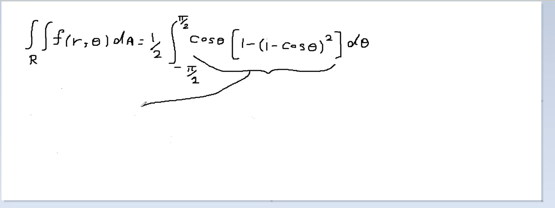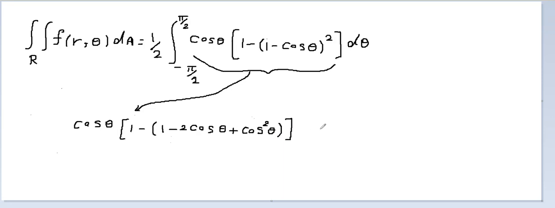So we have cosine theta times 1 minus cosine theta squared, which is 1 minus 2 cosine theta plus cosine squared theta.